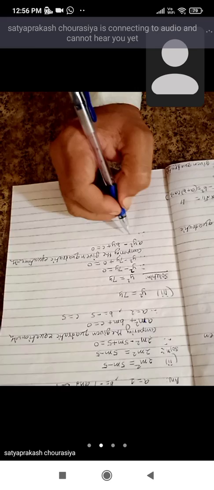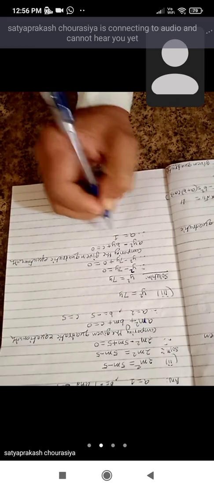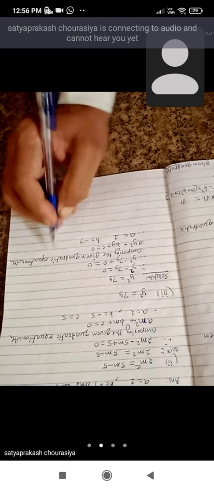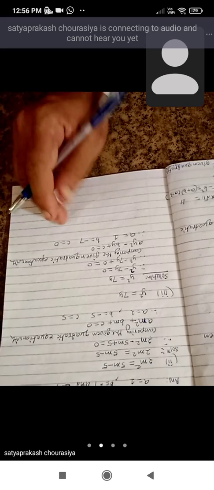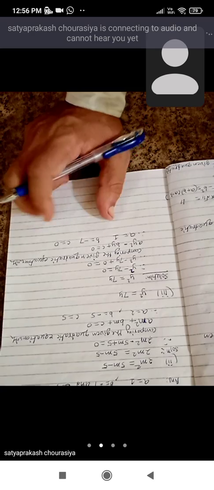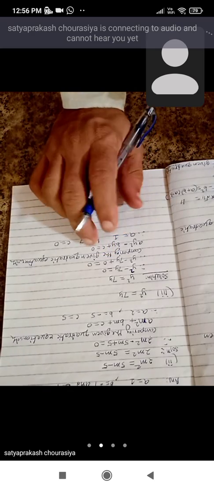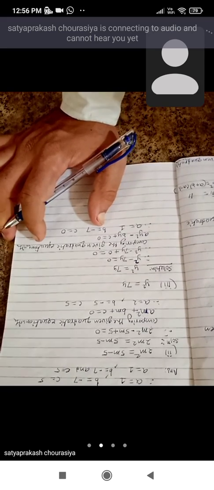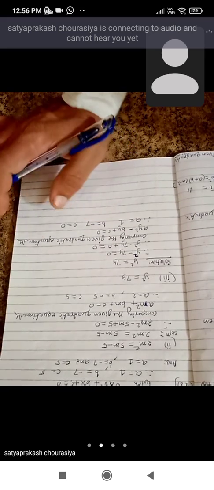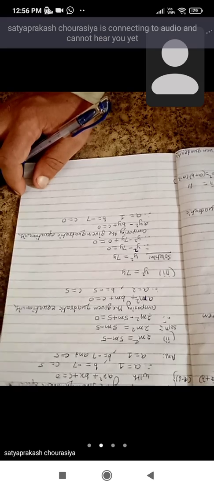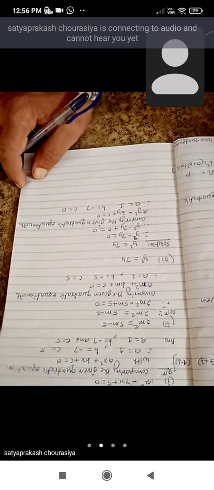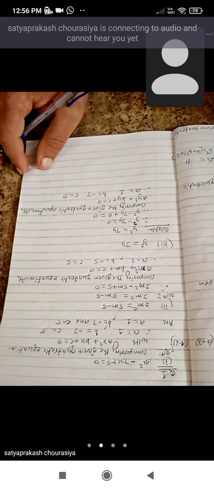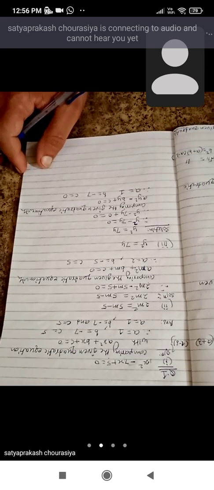So therefore a is equals to 1 because the coefficient of y square is 1 here, and b is equals to minus 7 and c is equals to 0 here. Because there is no constant term, it means the constant term is 0 in this quadratic equation. अगर आपको नहीं दिया है इसका मतलब क्या है कि क्वाड्रेटिक इक्वेशन में जो कांस्टेंट टर्म है उस कांस्टेंट टर्म की वैल्यू कितनी है? 0 है. क्लियर हो गया स्टूडेंट? ओके.